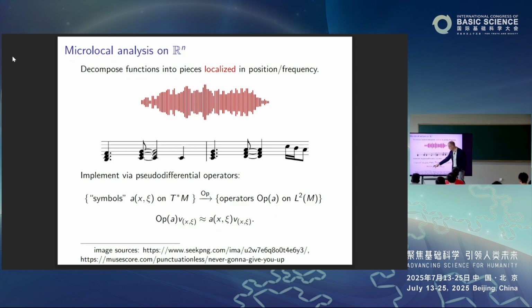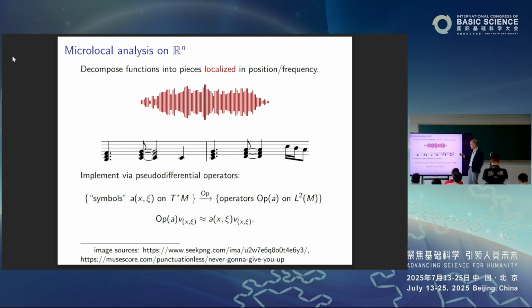What that operator does is, if you have it act on a vector that is localized at some position, here at some time, and some frequency, here some pitch, it multiplies that by the value of the symbol at the point describing the localization, and that's it.